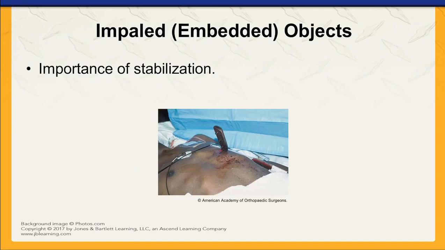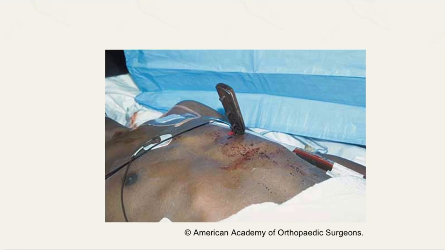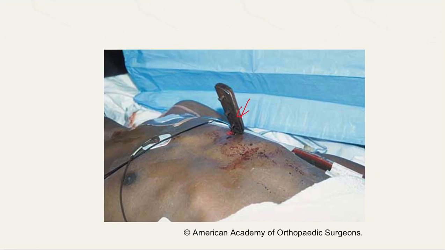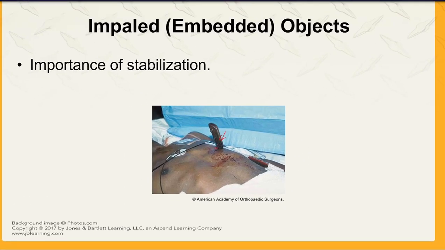So when you look at this photograph here, what do we have? I don't know what this is. It's some type of metal object that's impaled, embedded within this person's thoracic cavity. So now embedded objects should be stabilized.